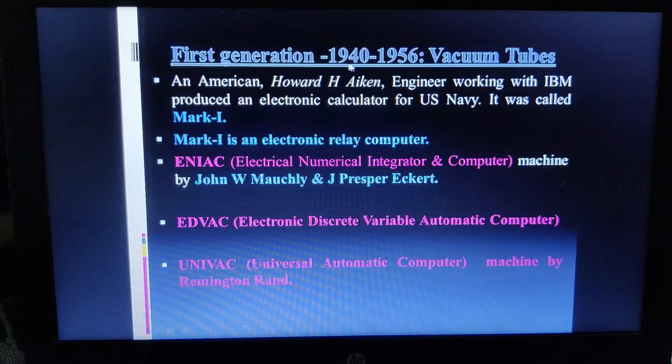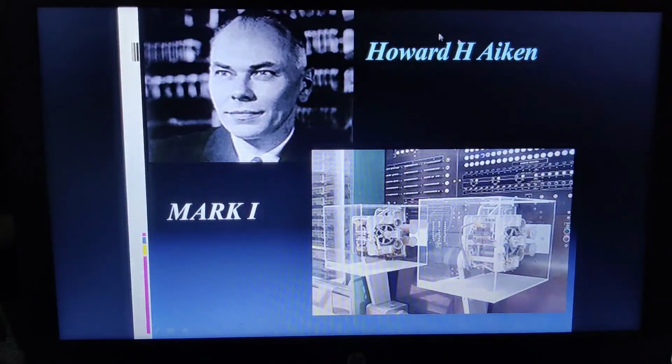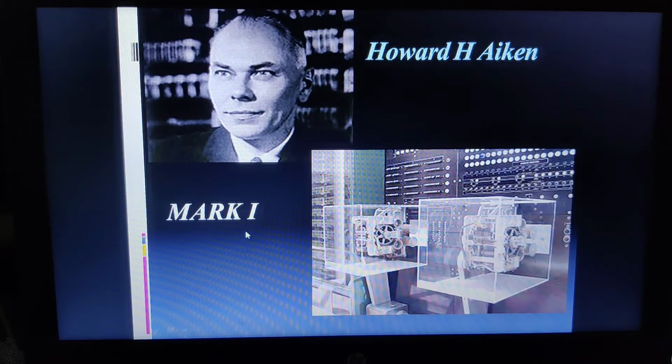Within this period between 1940 to 1956, which is considered the first generation of computers, Howard H. Aiken developed an electronic calculator known as the Mark I. He was an engineer working with IBM. Later, one more question may arise: what is the Mark I calculator also called? It is also called the electronic relay computer. So this calculator was based upon the electronic relay computer.